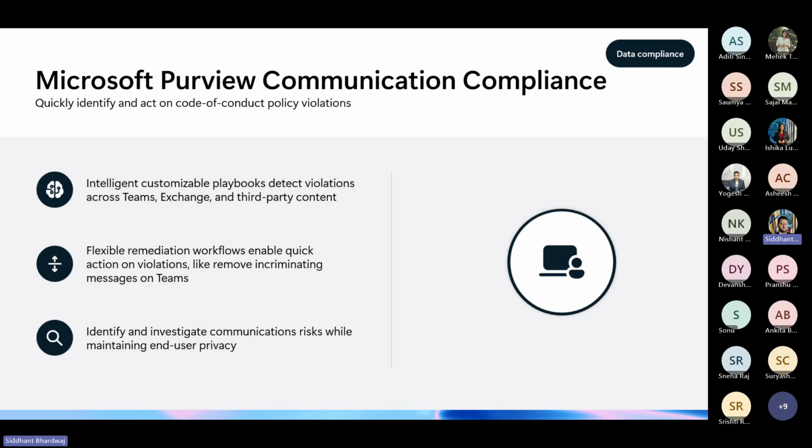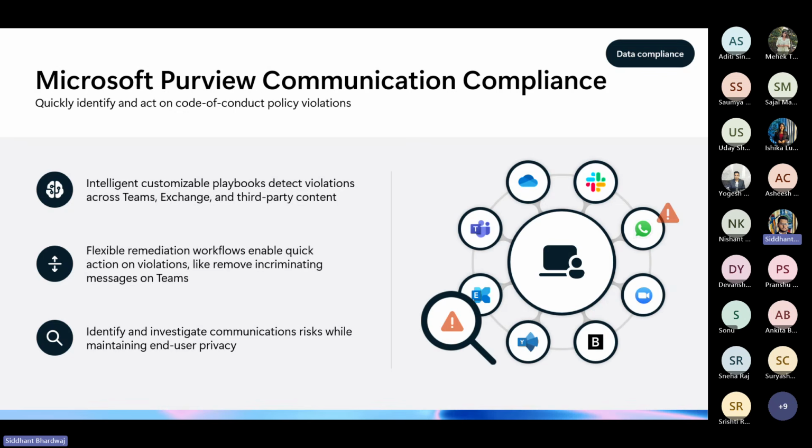Now, the next part is communication compliance. We have so many different areas where we talk to each other, from WhatsApp to Yammer to Exchange to Teams, Slack, your Bloomberg portal, and a lot more. There are a lot of ways to communicate within an organization, and it is still a policy to ensure that no negative communication or any policy violations happen on any of these connected platforms.